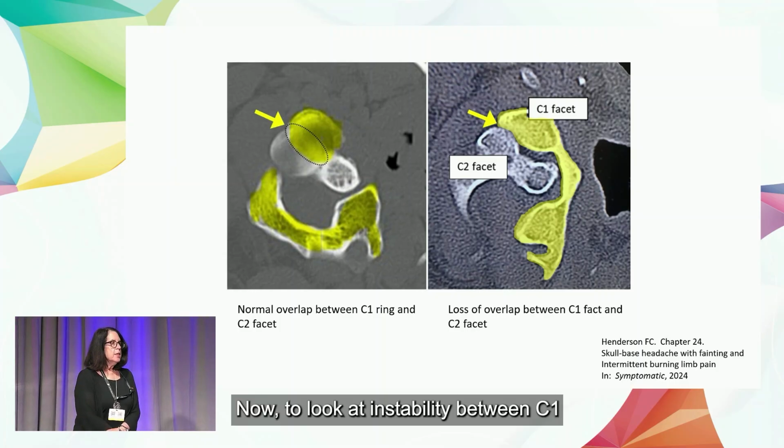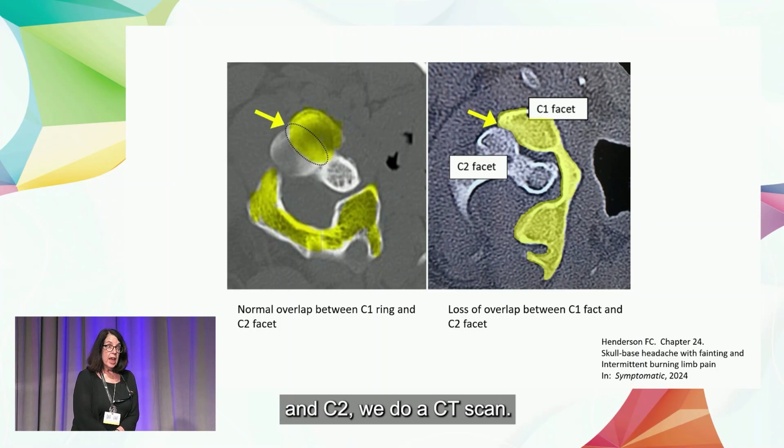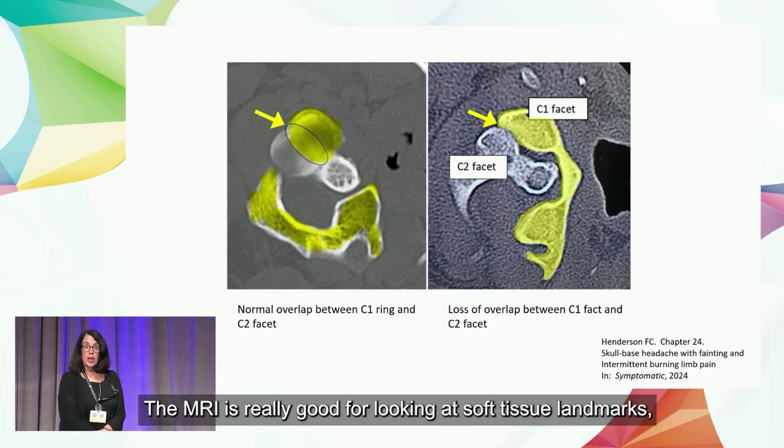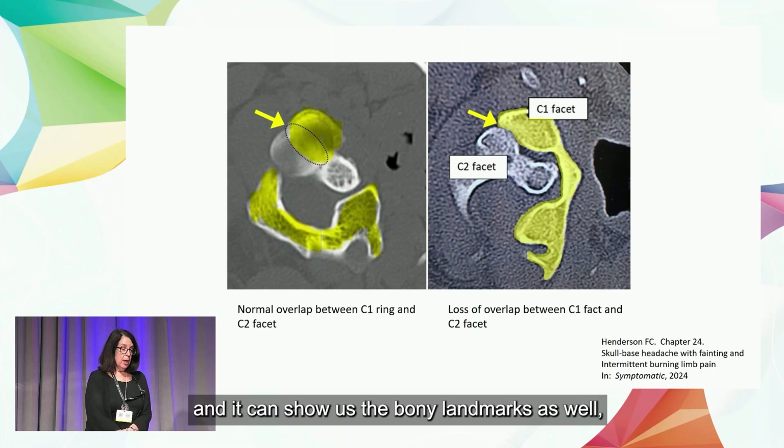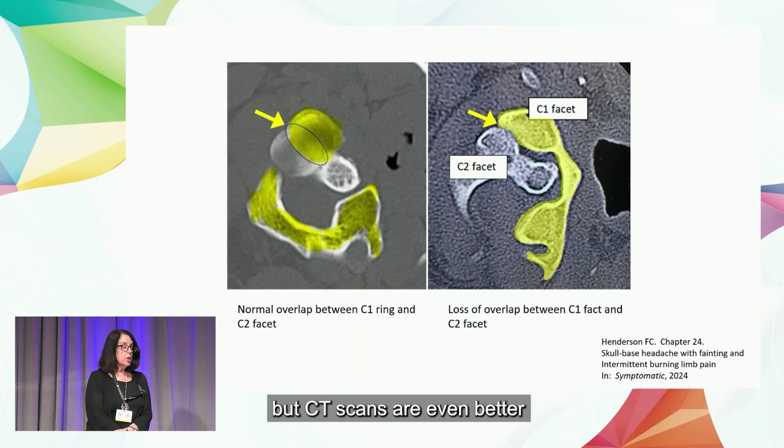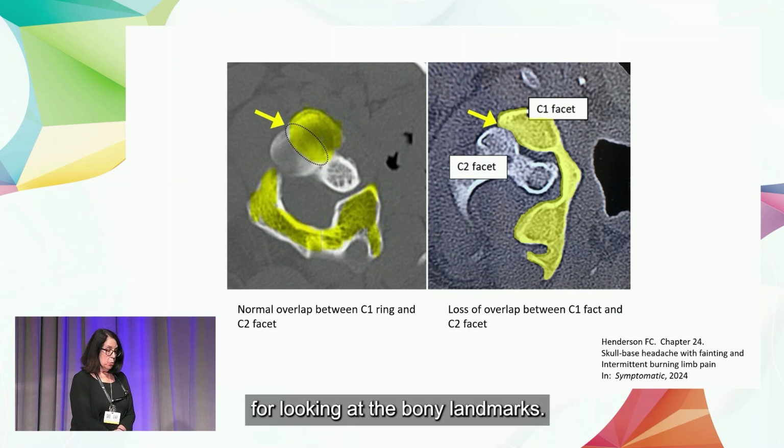Now, to look at instability between C1 and C2, we do a CT scan. The MRI is really good for looking at soft tissue landmarks, and it can show us the bony landmarks as well. But CT scans are even better for looking at the bony landmarks.